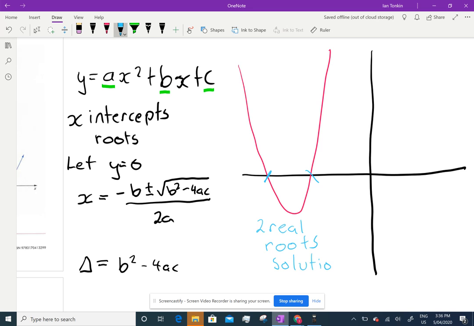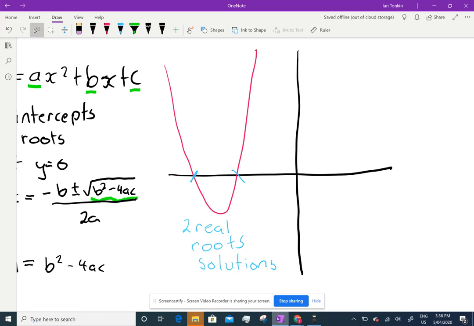For that to happen, this bit under here has to be a real number, a positive number. So for two real roots or two solutions, you have to have a positive number under there.